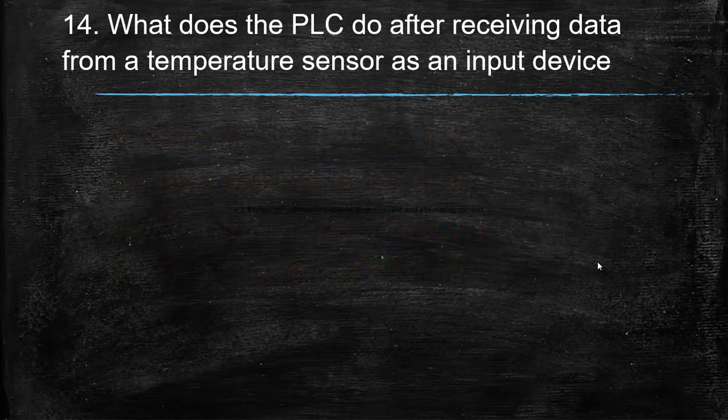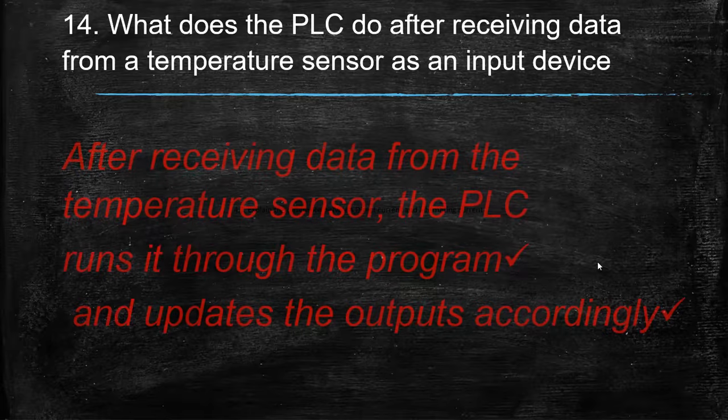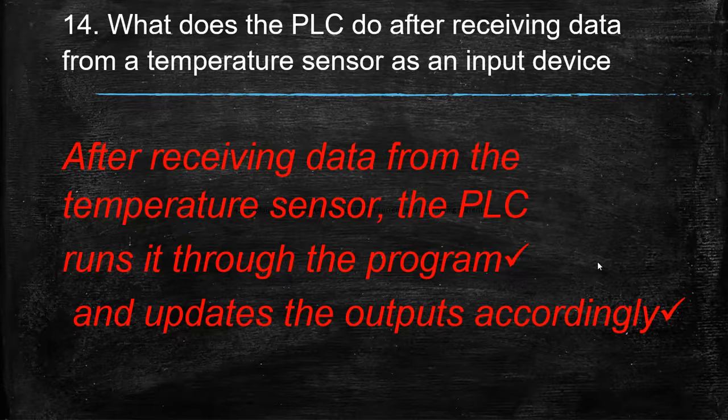What does the PLC do after receiving data from a temperature sensor as an input device? After receiving data from the temperature sensor, the PLC runs through the program and updates the outputs accordingly.